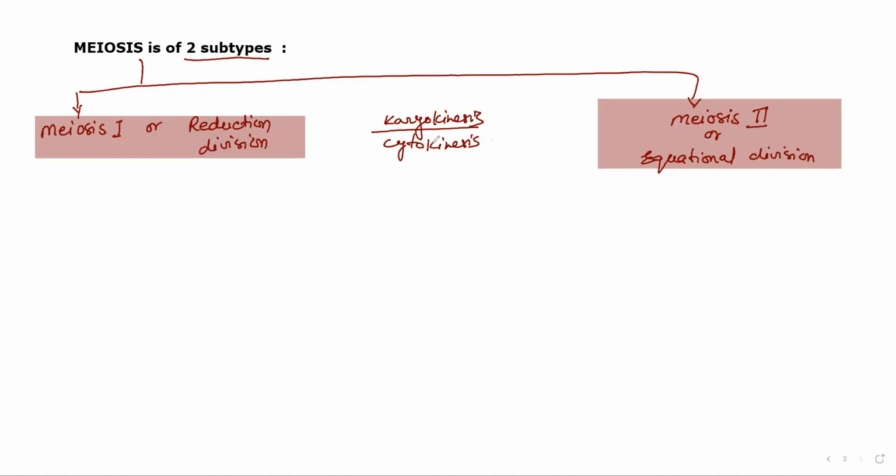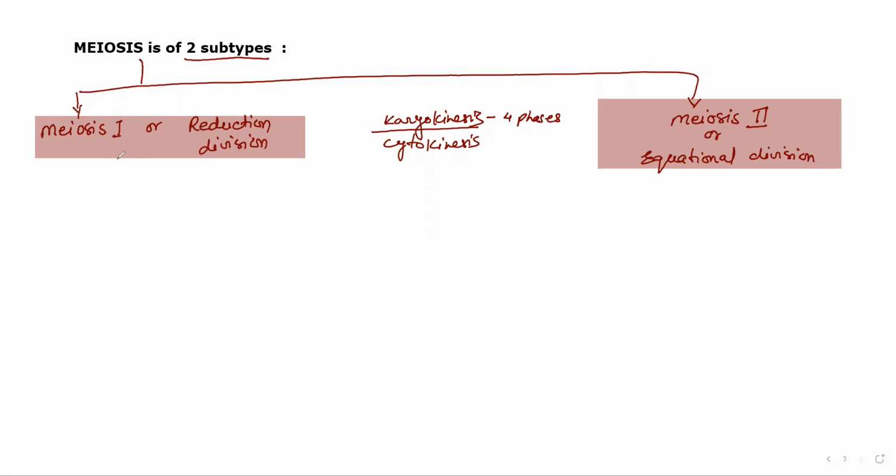Karyokinesis is division of the nucleus, and cytokinesis is division of the cytoplasm, which we have studied in mitosis also. Karyokinesis includes 4 phases, as in mitosis. Now, meiosis 1, reduction division.